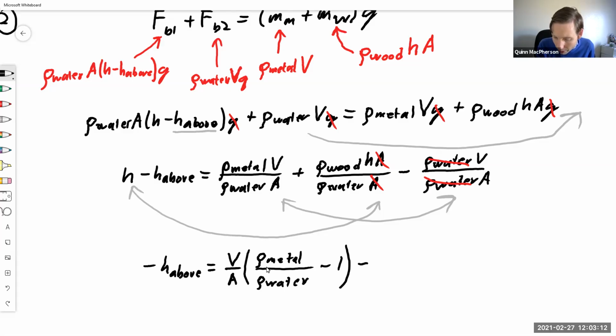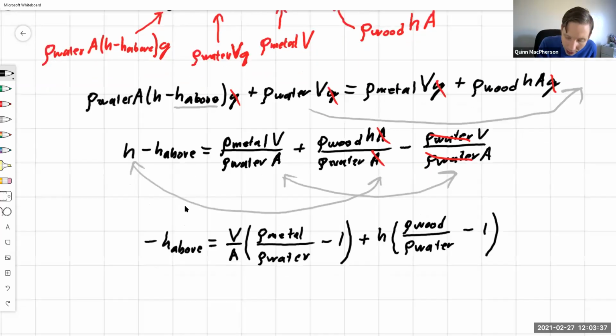Then on the other one, we have plus H. So we're going to have two terms that have an H, this term and this term. H times rho wood over rho water minus 1.